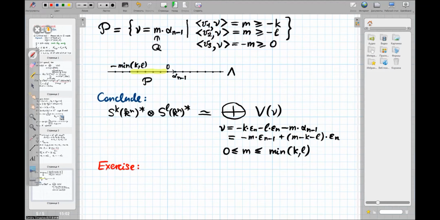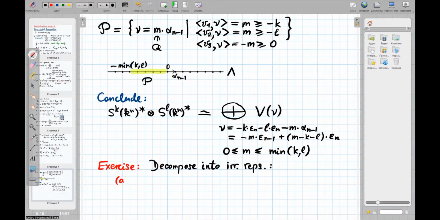So the exercise is to decompose into the direct sum of irreducible representations the following tensor products of irreducible representations of reductive groups.